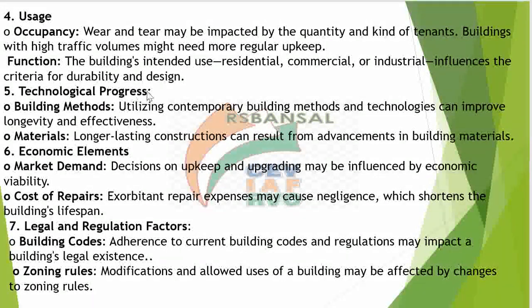Technological progress affects the life of the building, such as building methods. Using contemporary building methods and technology can improve longevity and effectiveness. And then materials. There are certain materials which are long lasting, and advancement in building materials can result in long lasting constructions.